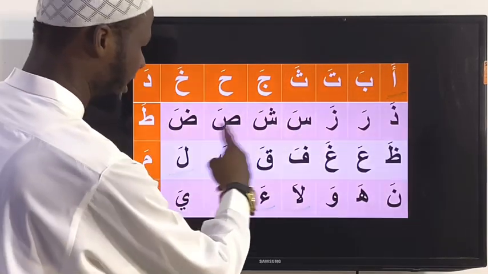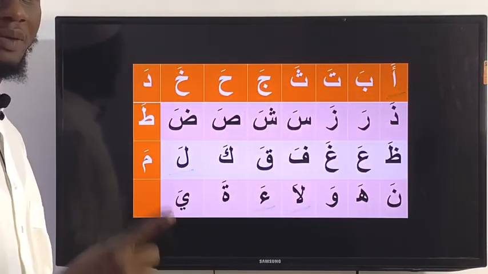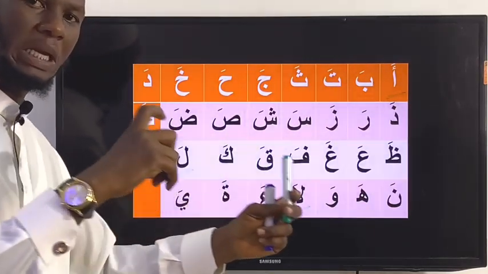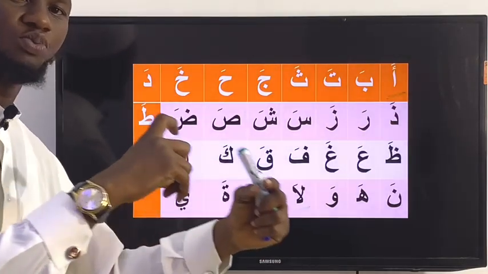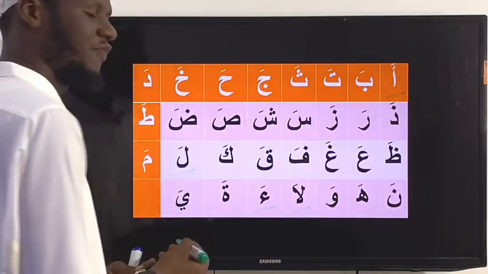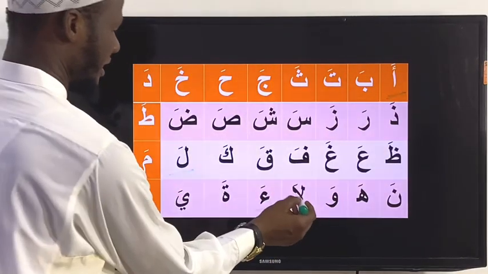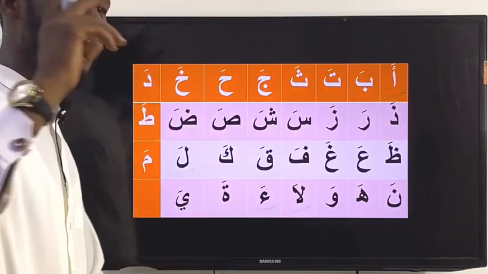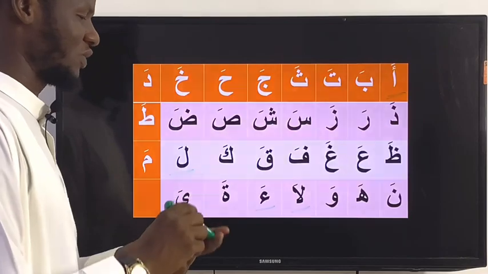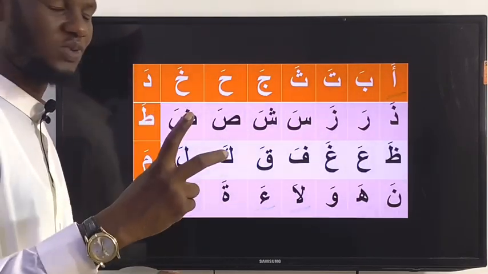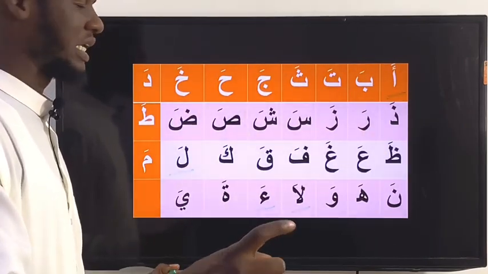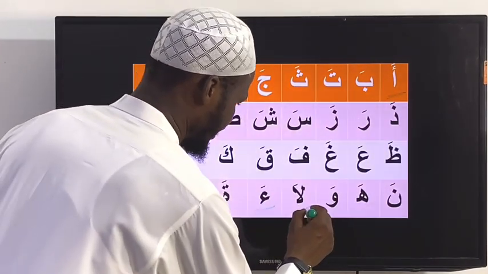However, all the letters that we have read, we gave them short vowels. But when we came to lam alif, we gave it a long vowel. In other words, we had to pull it a little. So remember, when we said wa, fatha, we said wa. But lam alif, fatha, la. That one, because it contains two different letters put together, it gave it a long vowel sound.